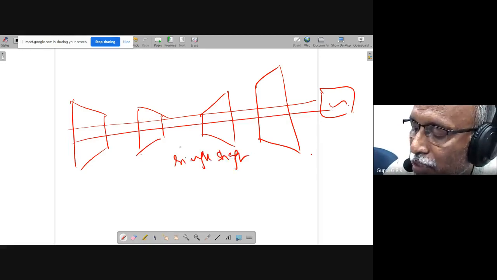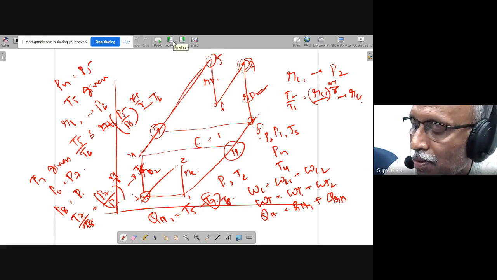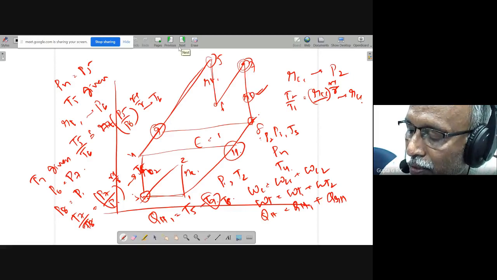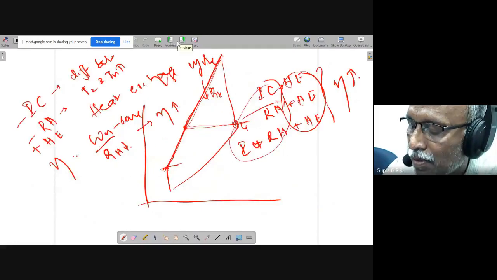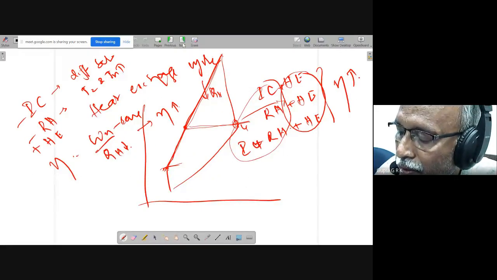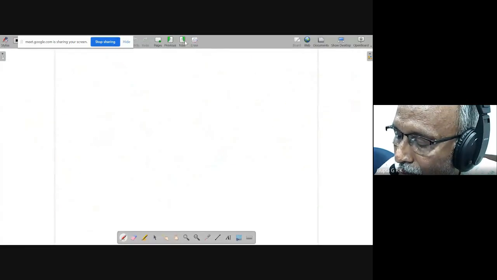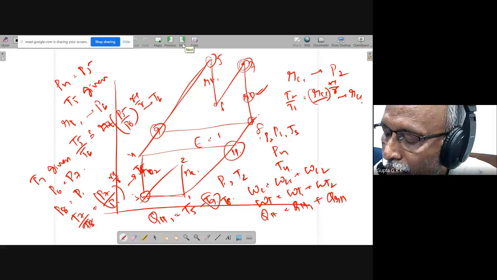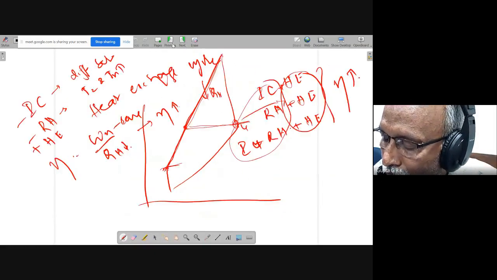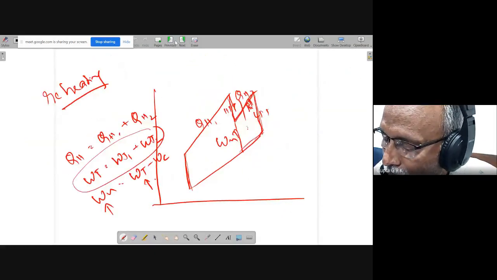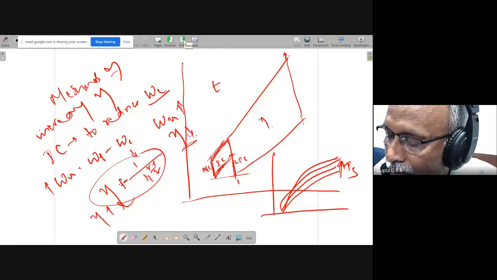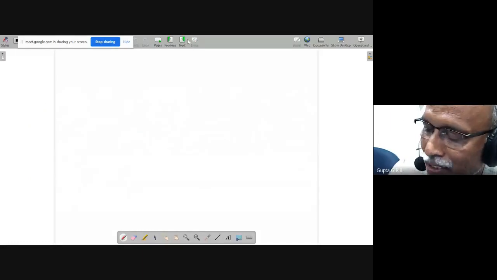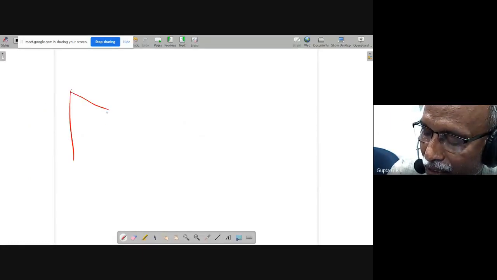So whatever previous page I have done is this type. I have drawn it like this.